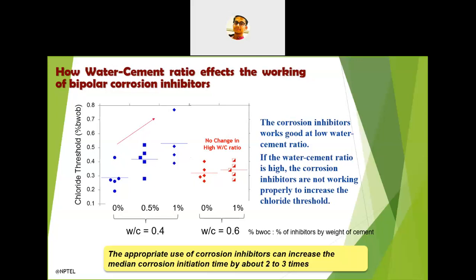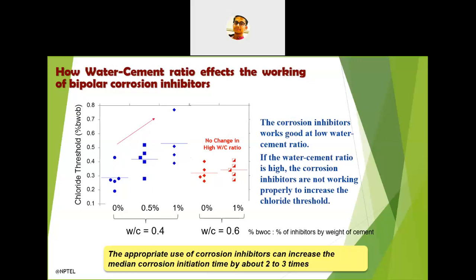When they used 0.5% of inhibitor by weight of cement, the chloride threshold increased to 0.4. So it works well. When they added 0.5% more, that is 1% of inhibitor, the chloride threshold increased to 0.5. You can see a significant increase in the chloride threshold with a water cement ratio of 0.4.